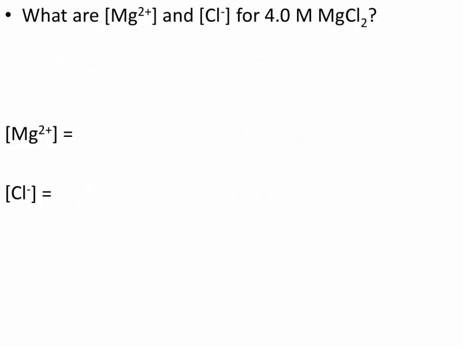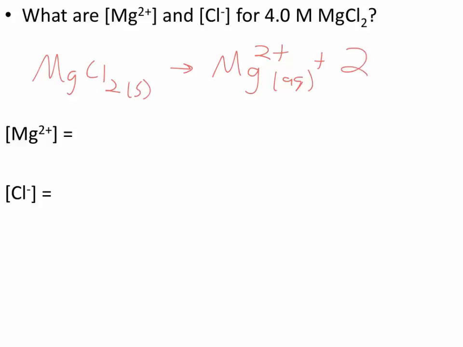So now let's look at an example where we have different numbers in our compound. What are the magnesium ion concentrations and chloride ion concentrations for 4 molar magnesium chloride? Again, let's write out our reaction. We have magnesium chloride solid being dissolved to give us magnesium 2+ ions in the aqueous phase and 2 chloride ions in the aqueous phase.